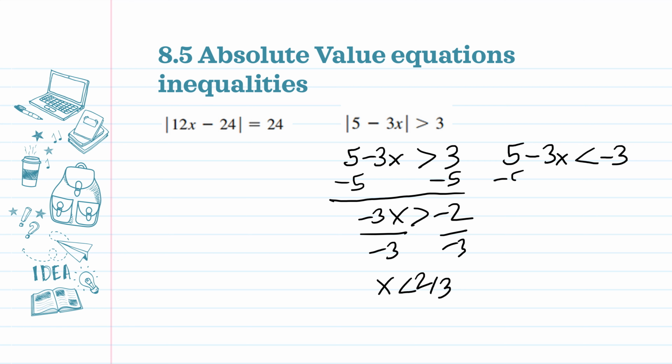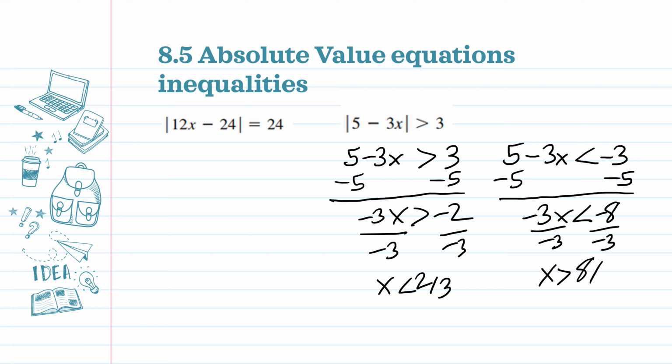Here, I do the same thing again. I subtract 5. And negative 3x is less than negative 8. Divide by negative 3. x is greater than 8/3. So now you have to figure out what the solution set is.